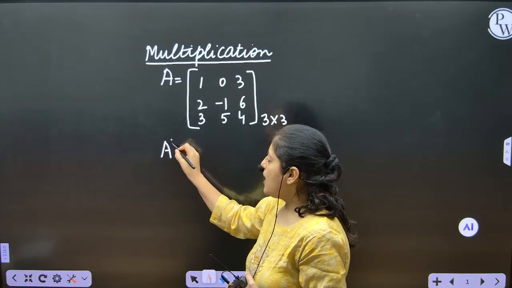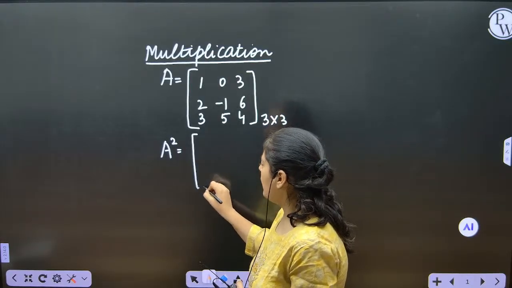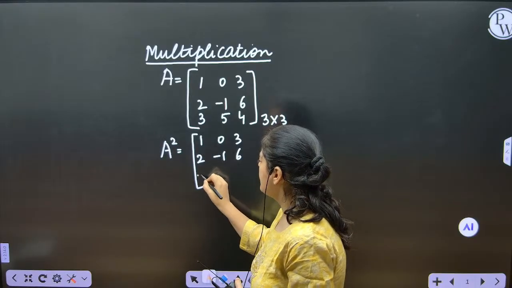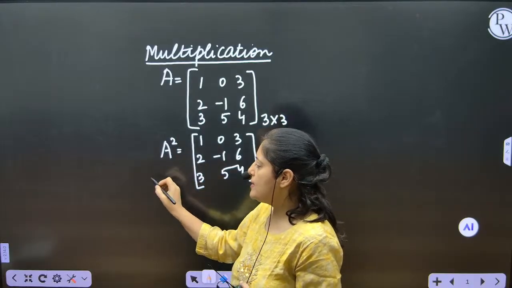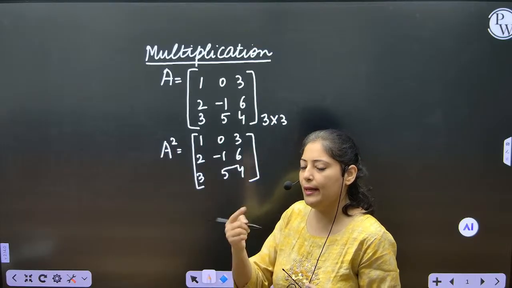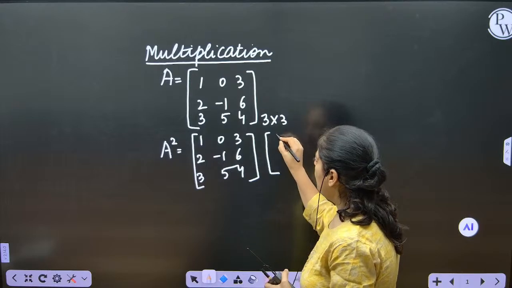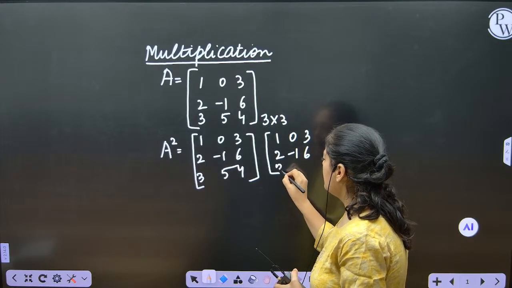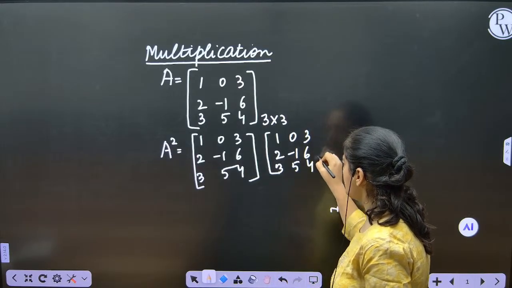Suppose you are asked to find A square. A square means what? 1 0 3, 2 minus 1 6, 3 5 4. A square means A into A, so that matrix is getting multiplied by itself. 1 0 3, 2 minus 1 6, 3 5 and 4.